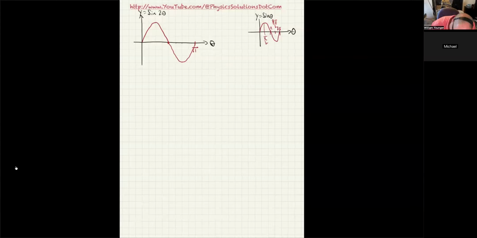And remember, pi is equal to 180 degrees. Pi over 2 is equal to 90 degrees. So projectile motion only occurs between theta being greater than 0 degrees and less than 90 degrees.